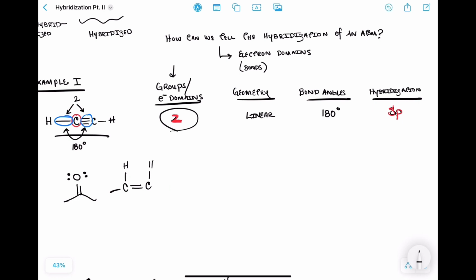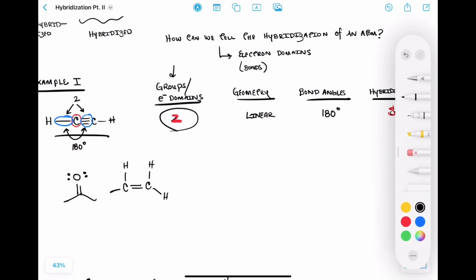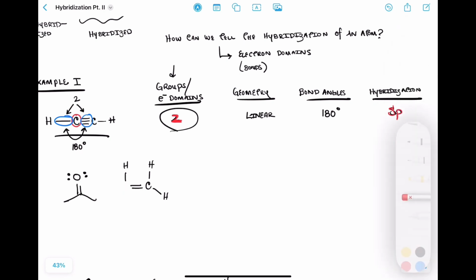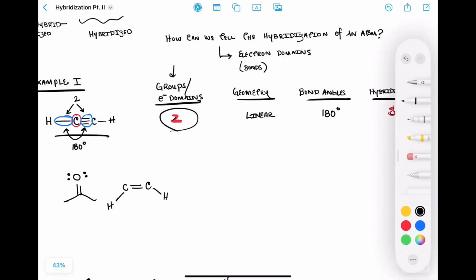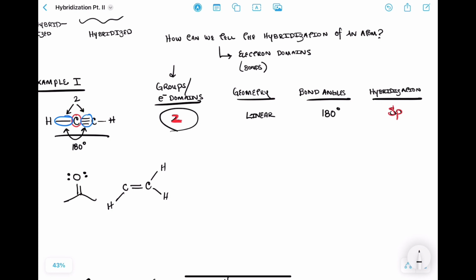Let me get the geometry correct. We want to spread these out as far away from each other as possible. So how I draw it makes a difference. So when I go here, essentially I want to go 120 because that would optimize for a maximum distance between anything with electron density, which are the bonds, right?